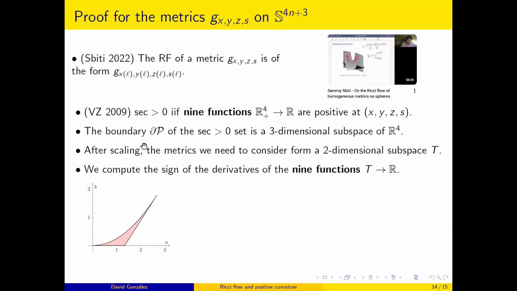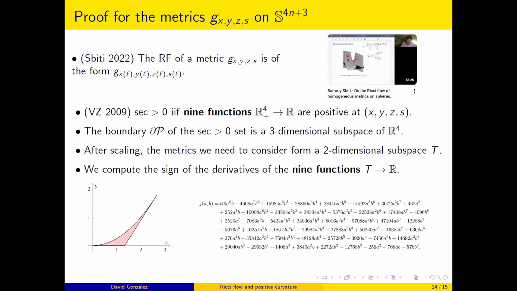And so, as I said, the computations can get complicated. Just to show you one of the functions we need to deal with. This is a horrible polynomial in 2 variables, A and B. And we need to determine if something like this is positive or has negative points. So to do this, we use several tools.